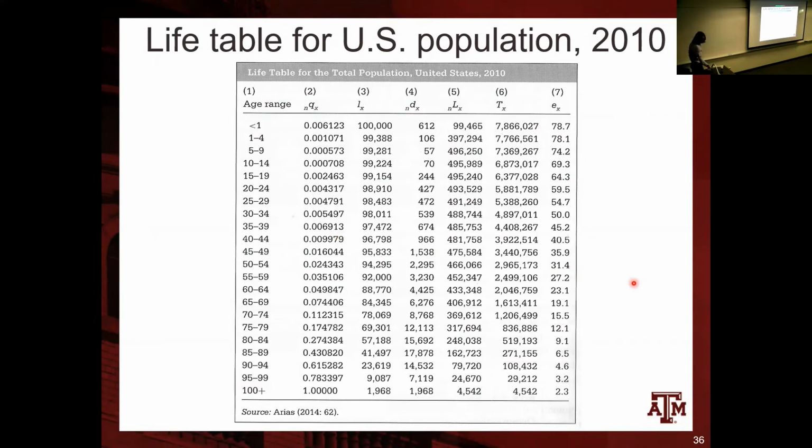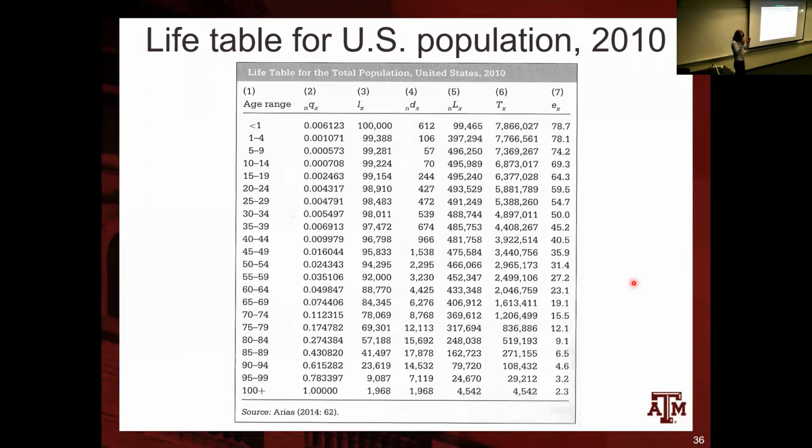So we first start the life table with a measure that's not showing here, and we already saw it before: the capital MXN, which is also symbolized by the ASDR, the age-specific death rate, also age-specific mortality rate.